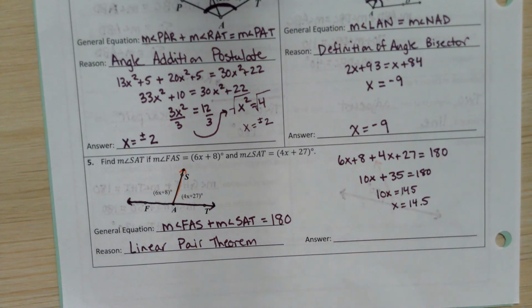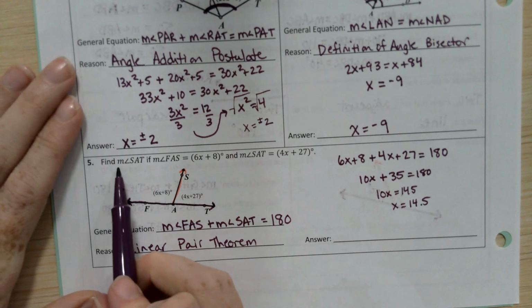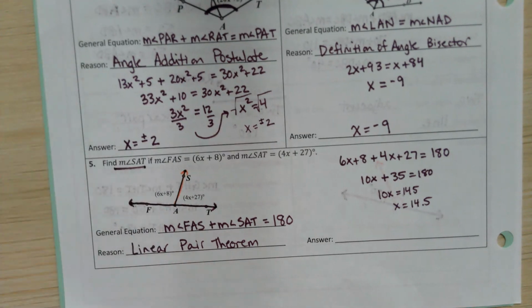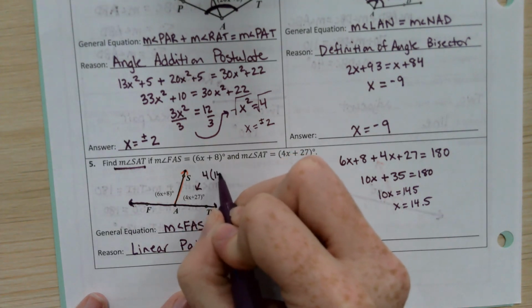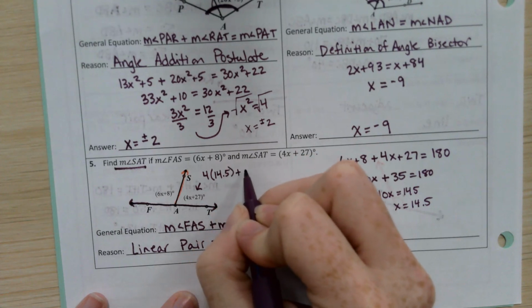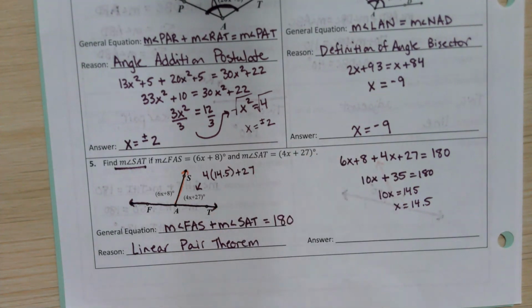So x is going to be 14.5. This is asking me to find the measure of angle SAT, so I am not done. I'm going to come over here to the measure of angle SAT, and I'm going to do 4 times 14.5 plus 27 to finish that out.